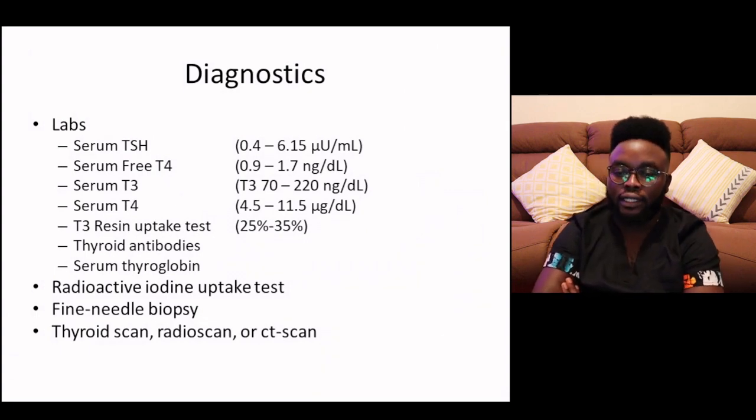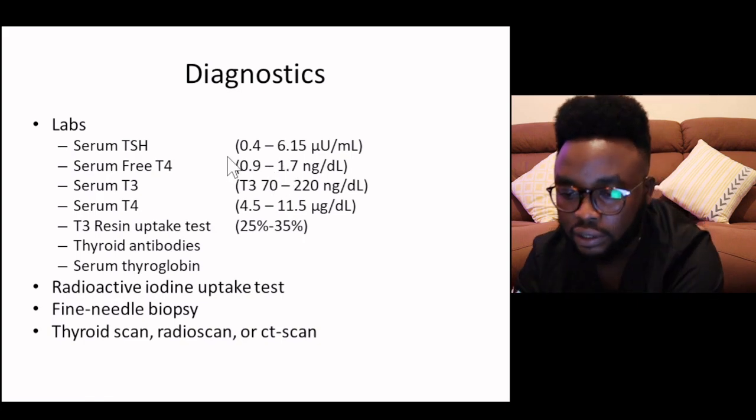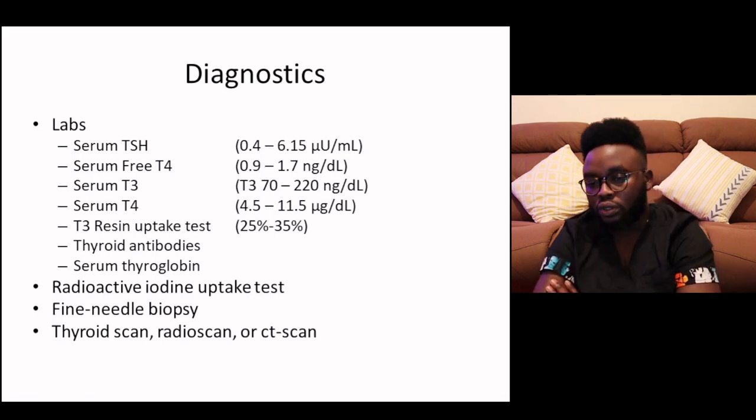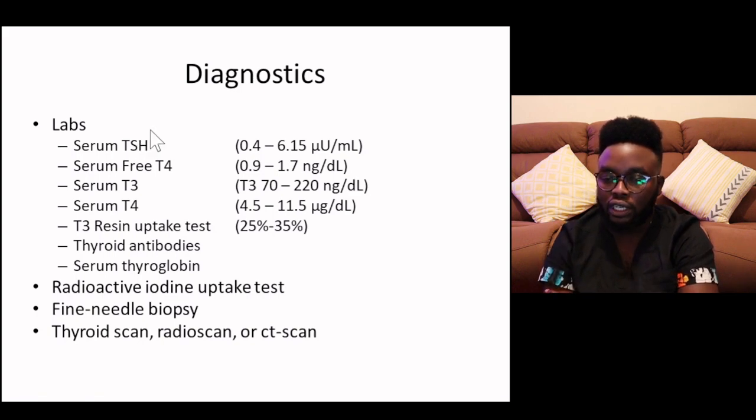For one to diagnose hyperthyroidism or any thyroid disorder, basically we have to do lab works. As you can see on the slide below, serum levels of TSH normal ranges between 0.4 to 6.15. So we check for the abnormalities in all these lab works.